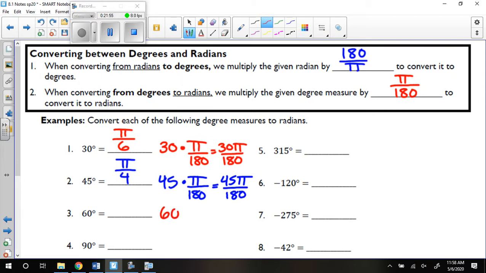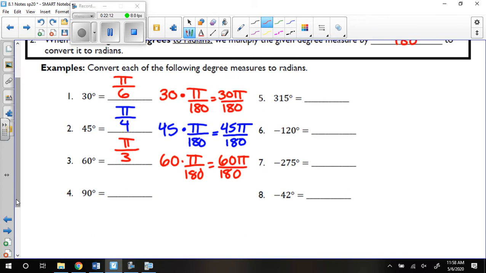We've got 60 times pi over 180. So we're going to reduce 60 over 180, and that reduces to 1/3, so just pi over 3. 90 pi over 180. 90 over 180 reduces to 1/2, so that would just be pi over 2.